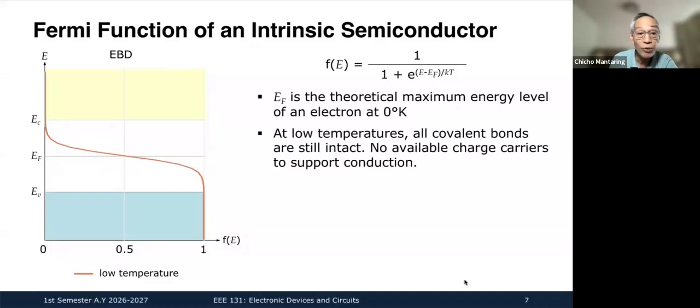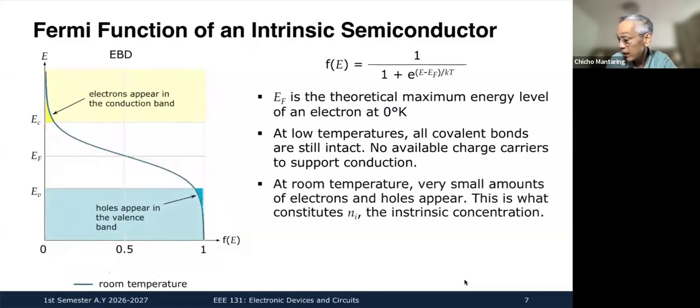So there is still no free electrons. This is still acting like an insulator. There are no free electrons. All your charge carriers are still bound to your nuclei, essentially.